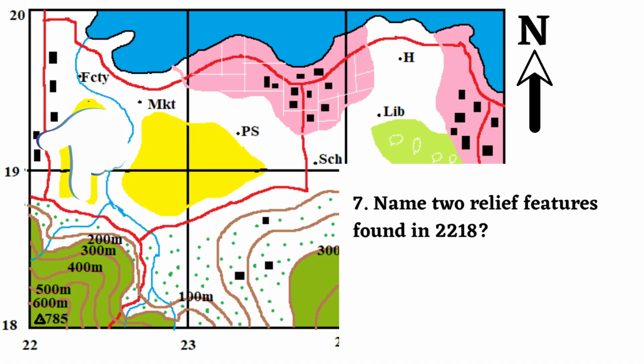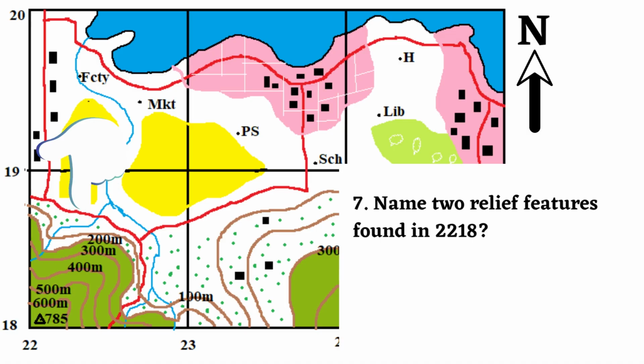Now, adjacent to the valley, we see some U-shaped contour lines. And in this case, those contour lines are pointing towards lower ground. This is a spur. So we have a valley as well as a spur.